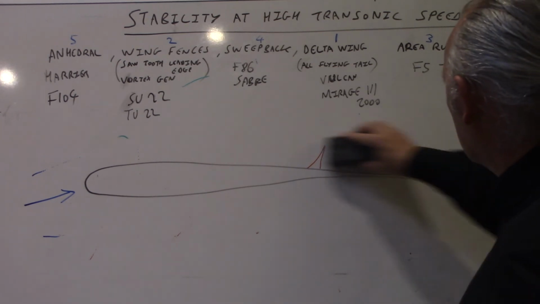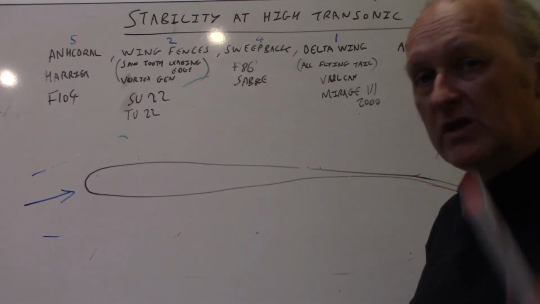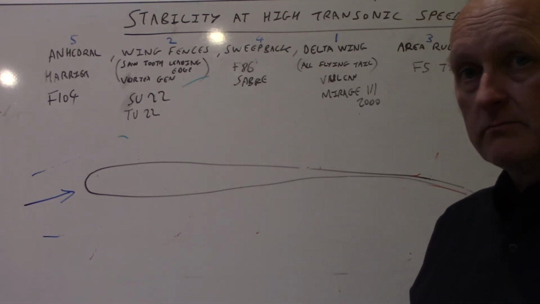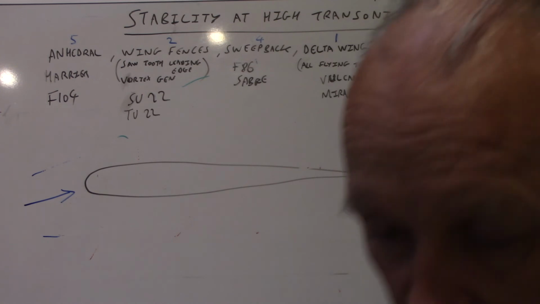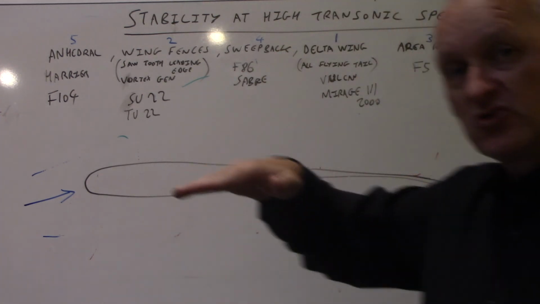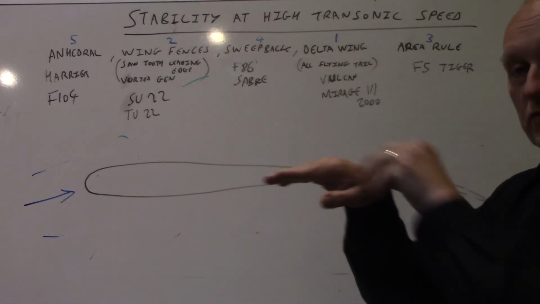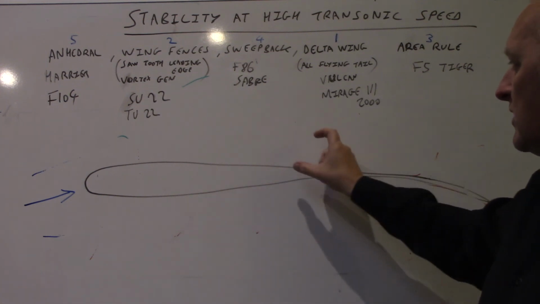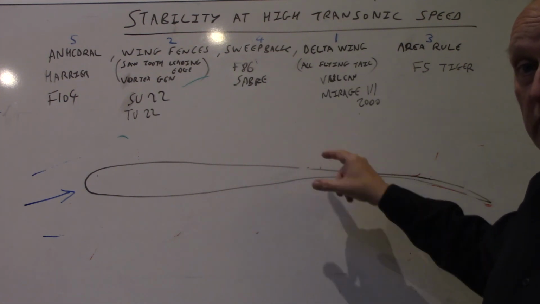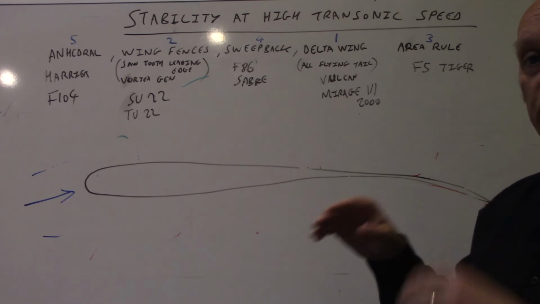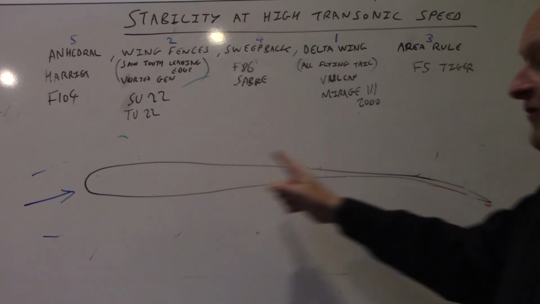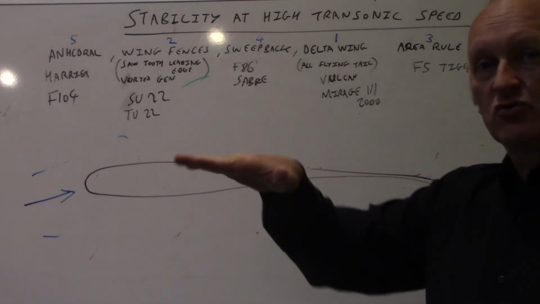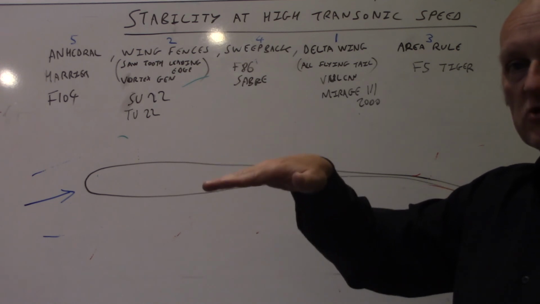The main thing about supercritical wings is the smaller and weaker shockwave, which means that your longitudinal phugoid motion, which is caused by the shockwave appearing and disappearing, with a supercritical wing, if it does appear, it stays there. Because of how far back on the wing it appears, it doesn't affect the longitudinal trim of the aircraft that much.